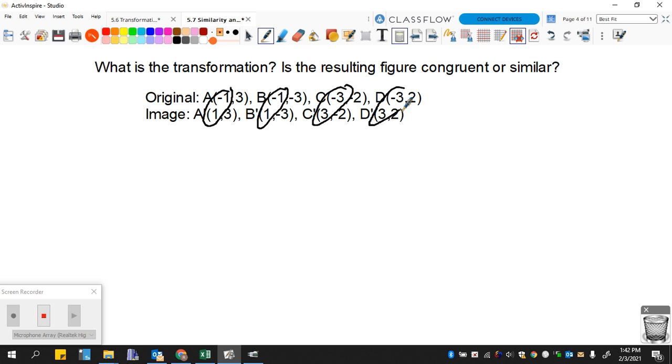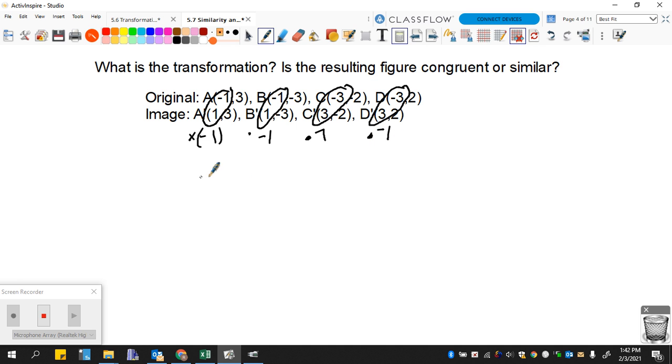Okay, so if we look at what we did here, we know that we multiplied the x value by -1. Okay, and we did that with all four of the points there. All right.